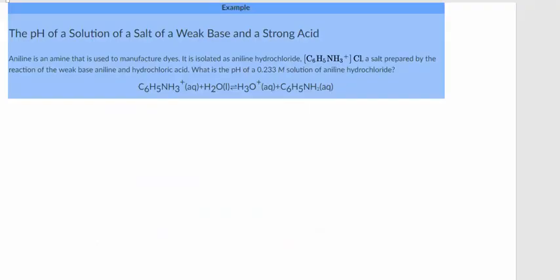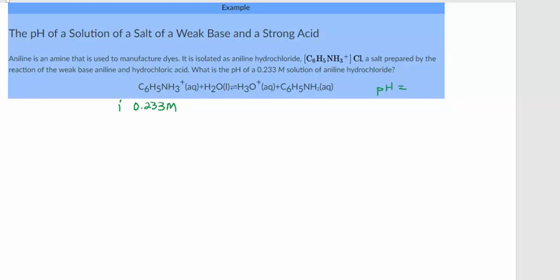If we have this chemical reaction here, and we're looking for the pH, we're told we start with 0.233 molar of aniline hydrochloride. The aniline hydrochloride is this business right here, and it's a salt.